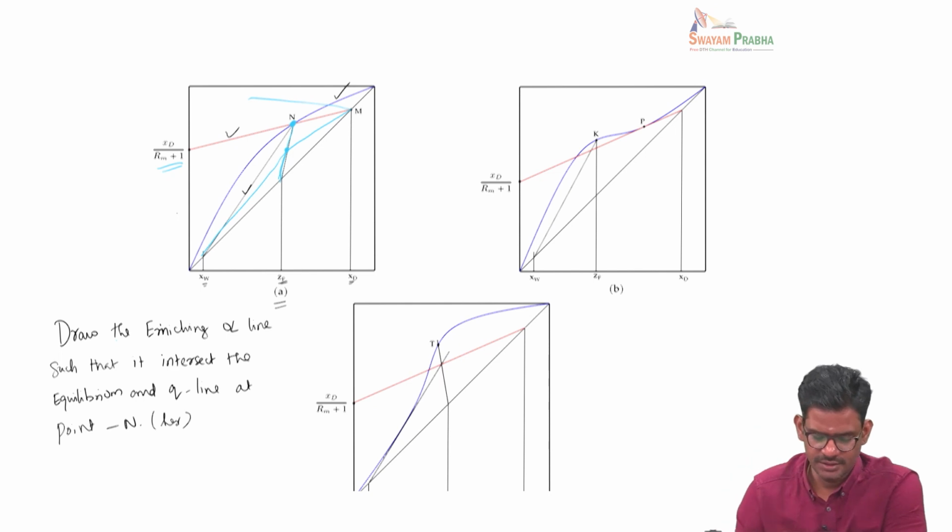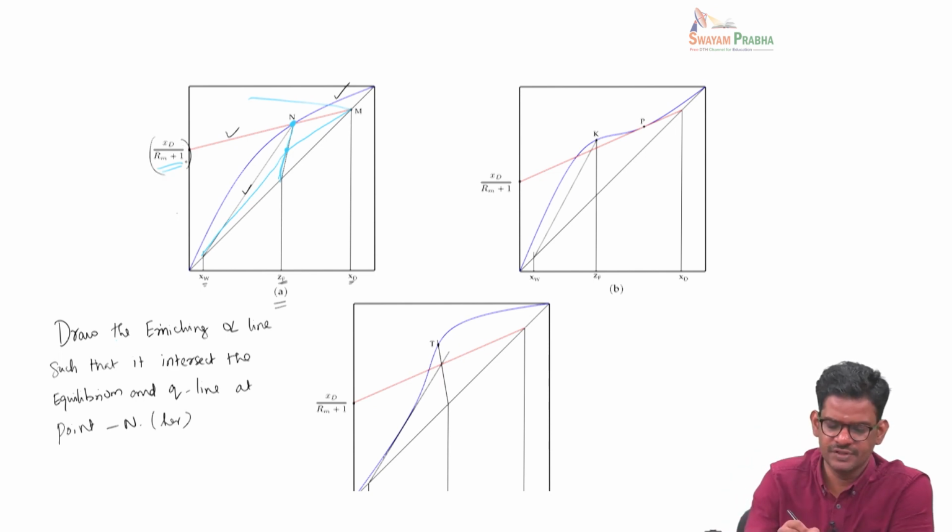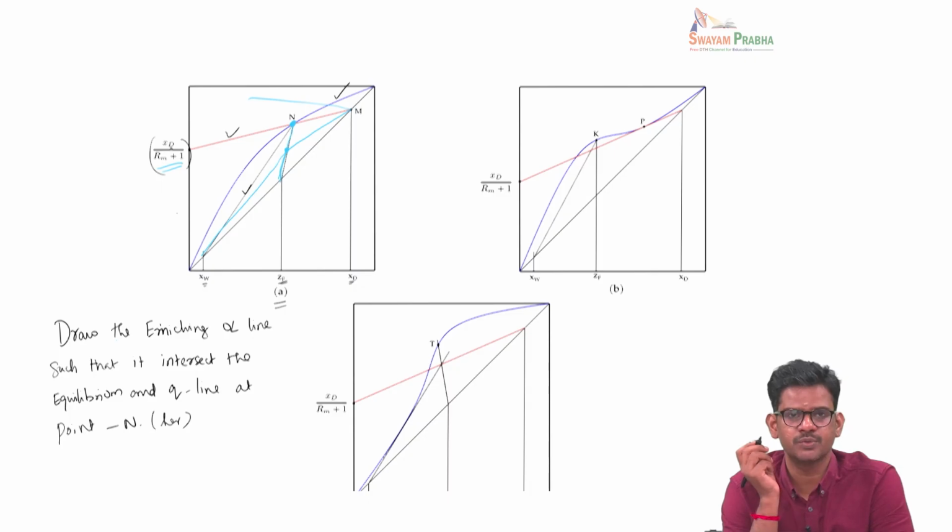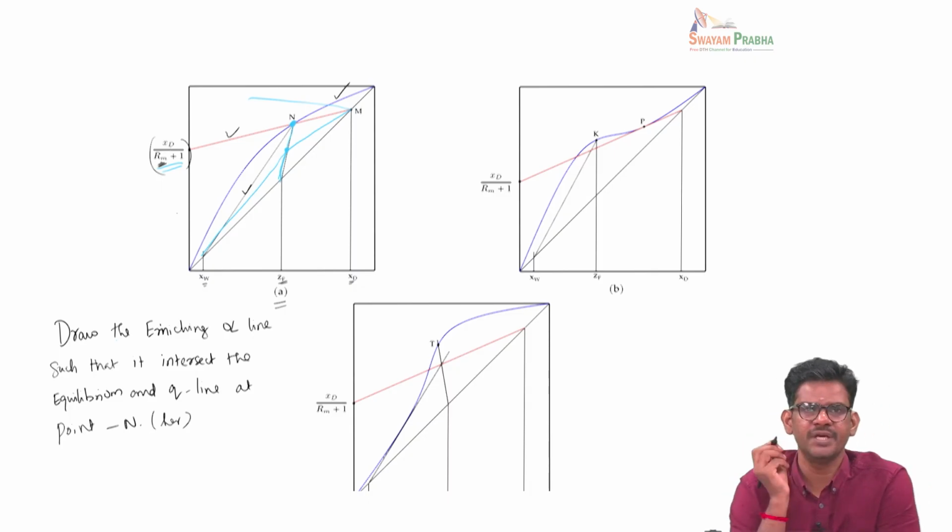And the intercept of this line would be x_d by R_m plus 1, and from here you can find the minimum reflux ratio.